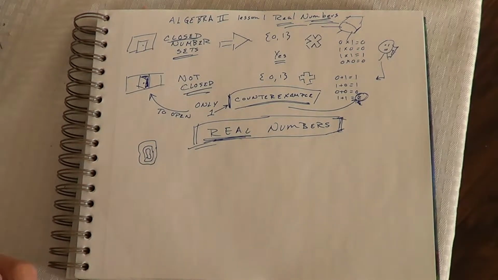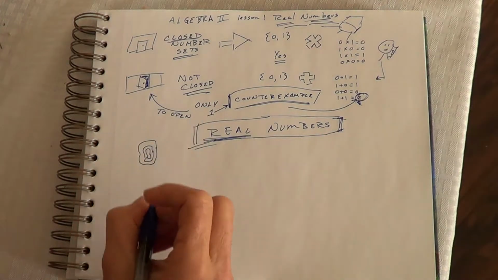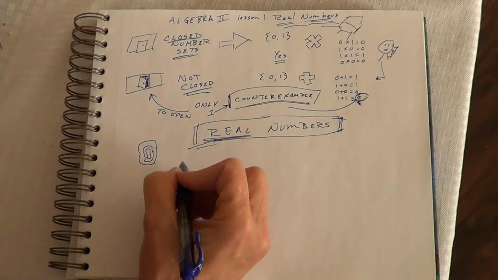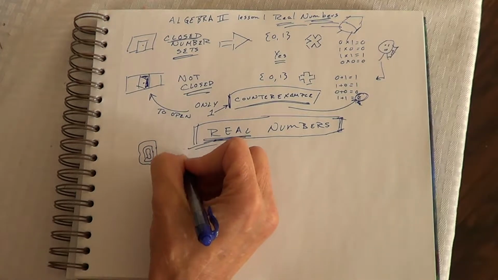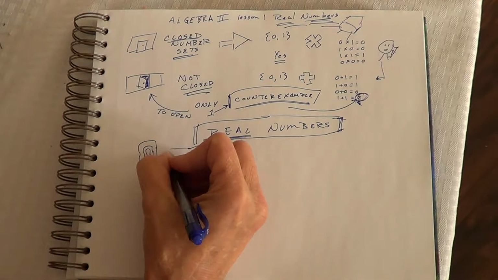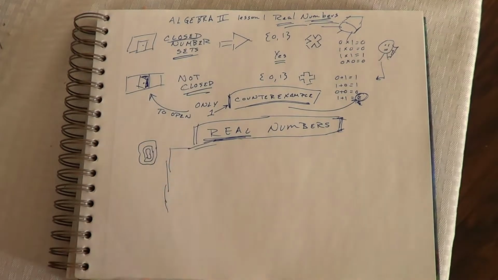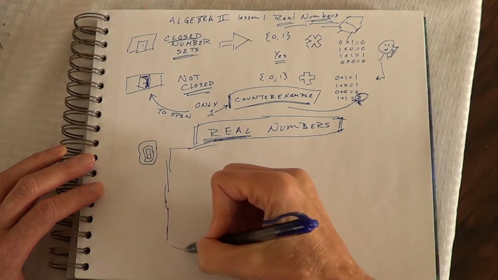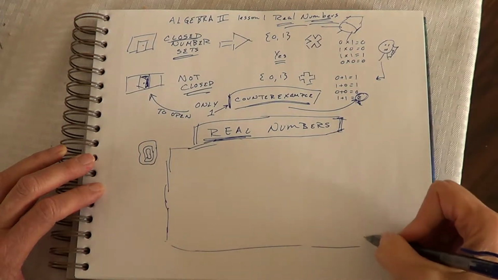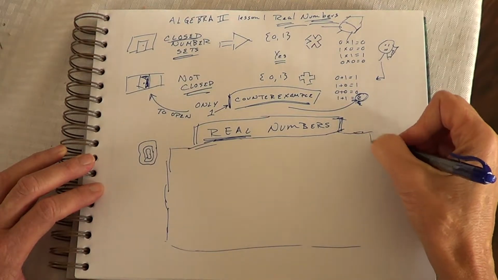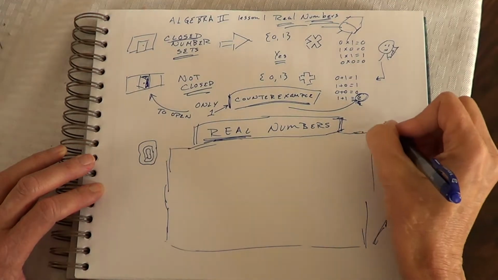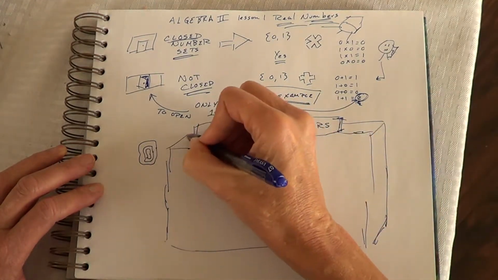Now, because I can't draw these dolls real well, I'm going to draw just boxes to show you. Picture this: the real numbers are in a big, big, big box, one that you'd get from UPS. It's all contained within there.